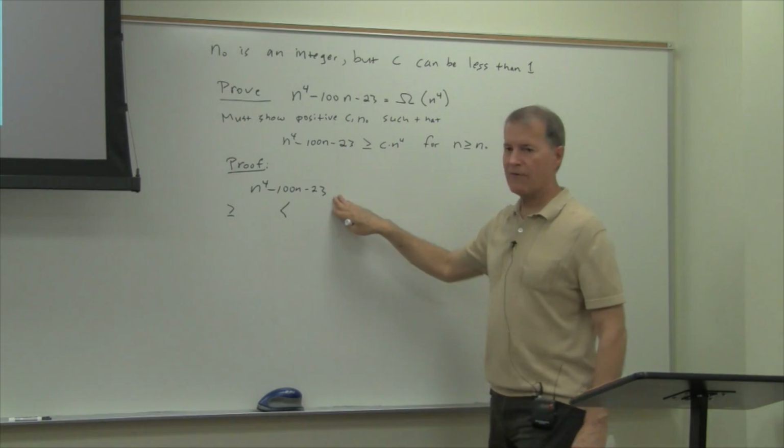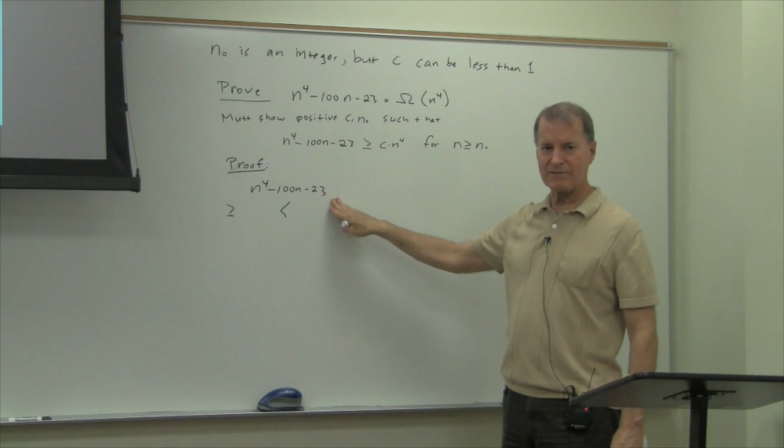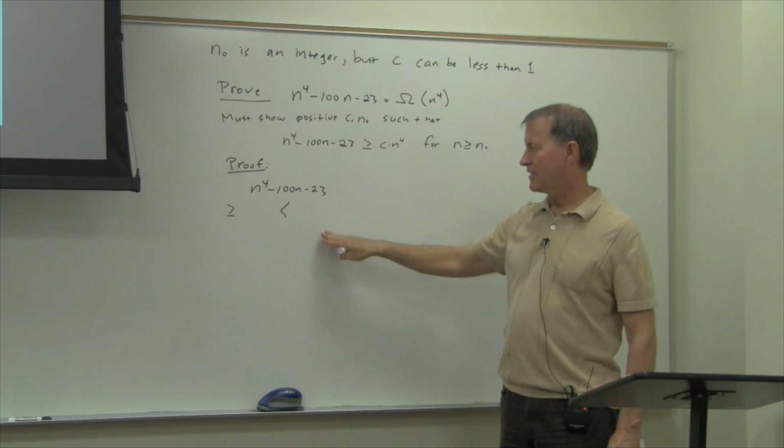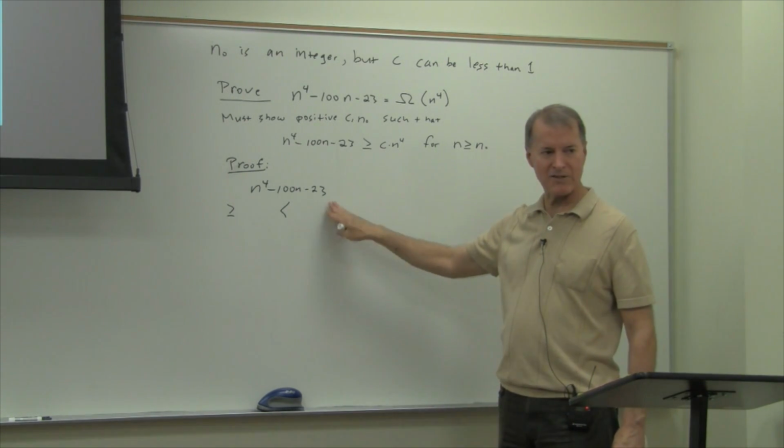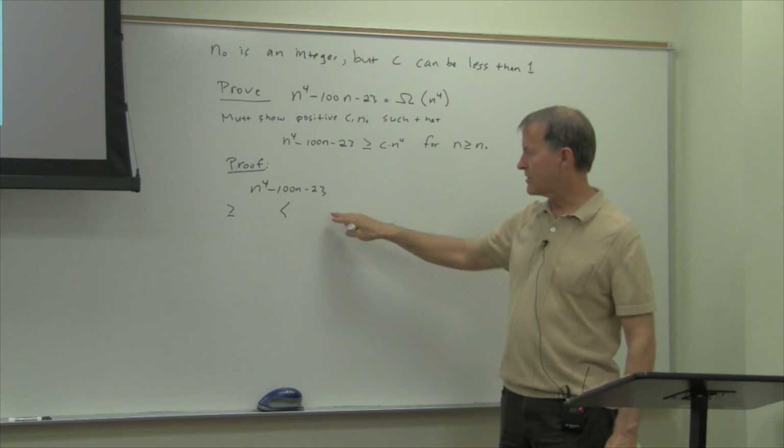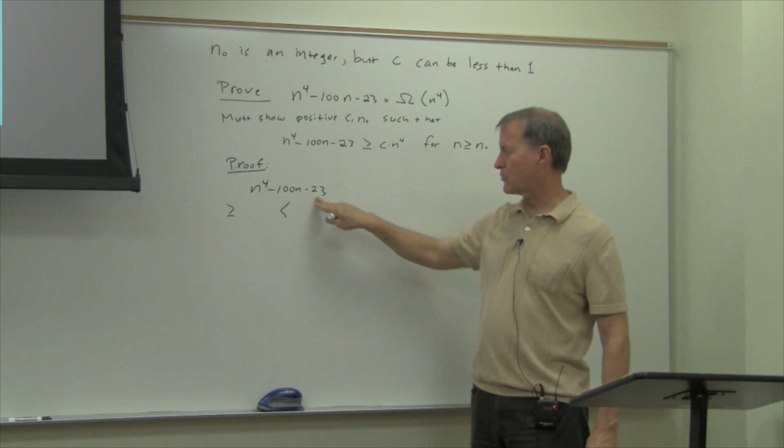Do you agree that if I subtract something from this, it'll be greater than or equal to whatever I get by subtracting? Now watch this. We have 100 here, and we have a 23 here.